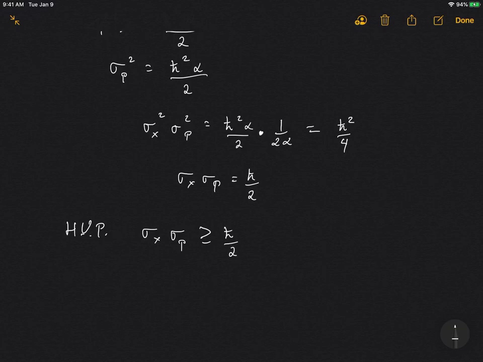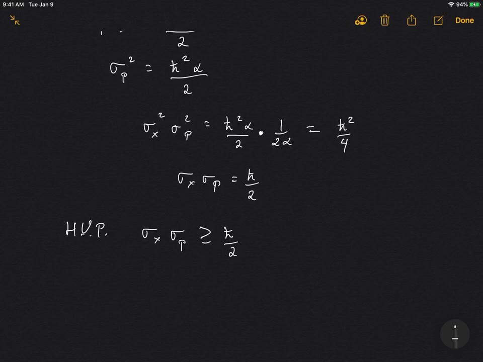So for the quantum mechanical harmonic oscillator, that product is exactly h bar over 2, whereas the Heisenberg uncertainty principle says it's always going to be greater than or equal to h bar over 2. Therefore, what can we say about this system?